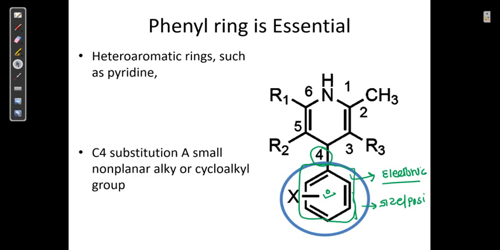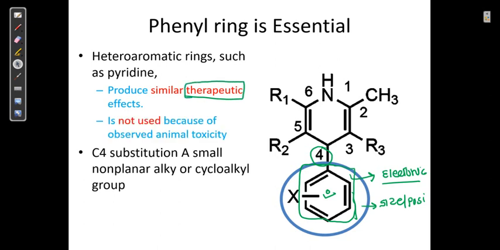It has this activity and produces a similar therapeutic effect. But pyridine produces animal toxicity. Due to that, we are not using pyridine instead of phenyl. So if I want to block, I require a 6-member aromatic ring. A small non-planar alkyl group or cycloalkyl group cannot be used at all because they cannot easily lock.